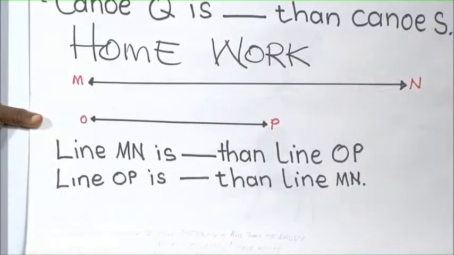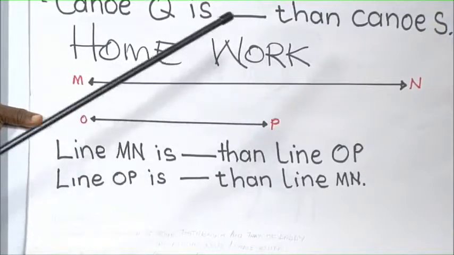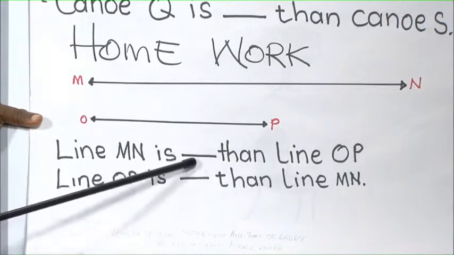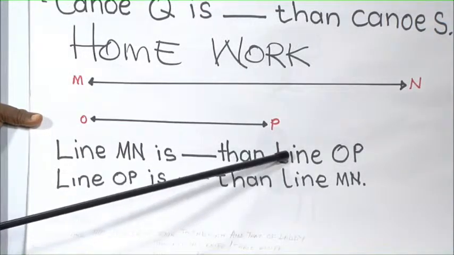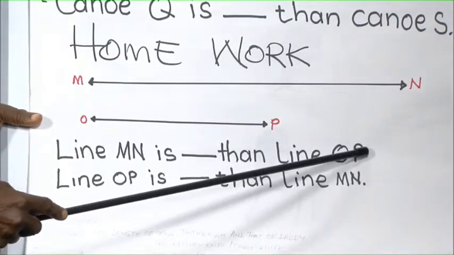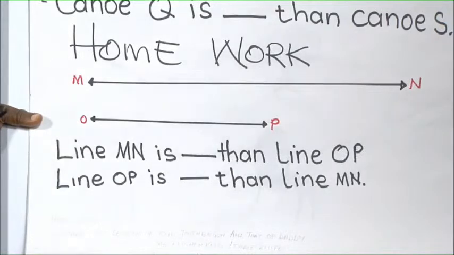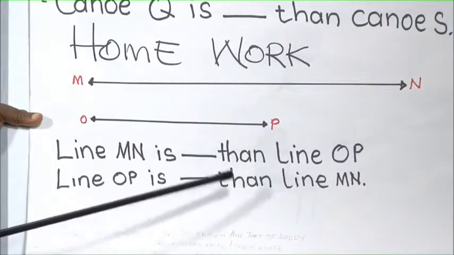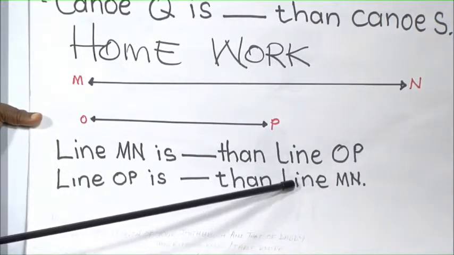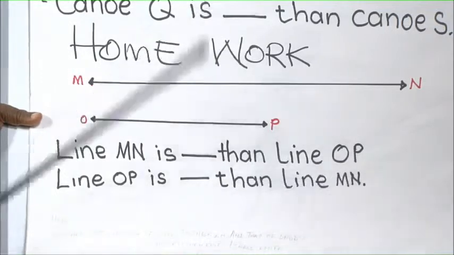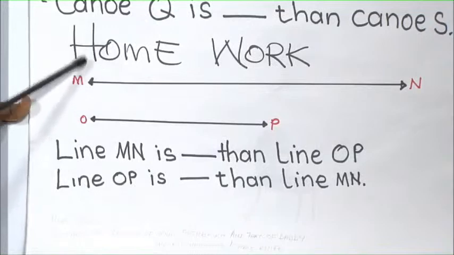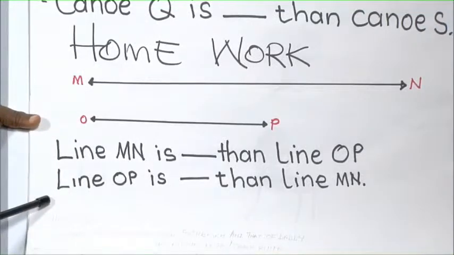When you have finished with that, you compare. Line MN is dash than line OP. Then line OP is dash than line MN. So you have this as our homework.